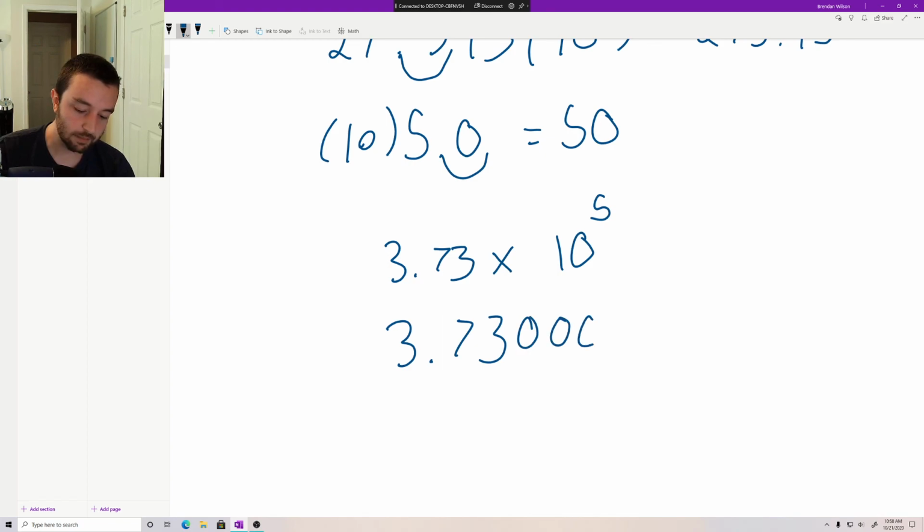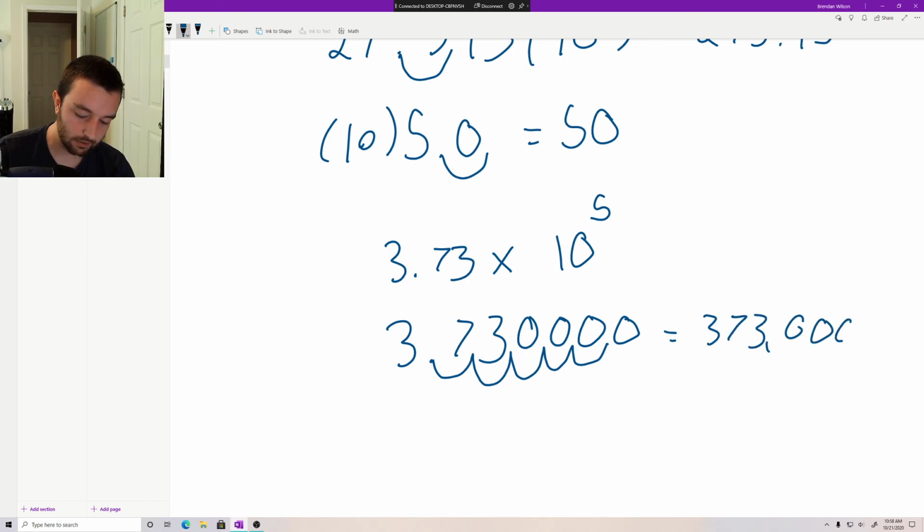So we'd want to throw in some zeros here to make sure we could do that. 1, 2, 3, 4, 5. Okay. So we get 373,000. And then you don't have to put the decimal at the end. But if you want, 0.0, same thing. Okay. So that's a little trick that you can use to make it easier.